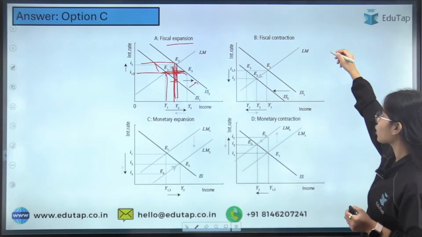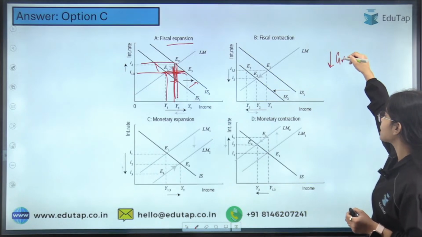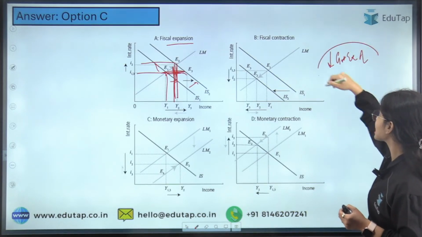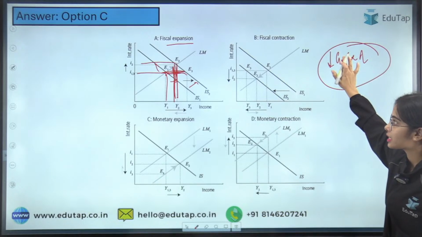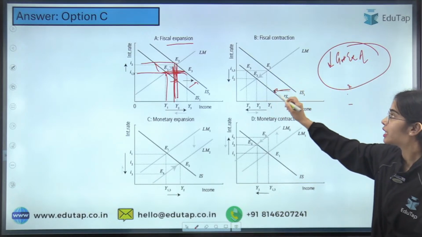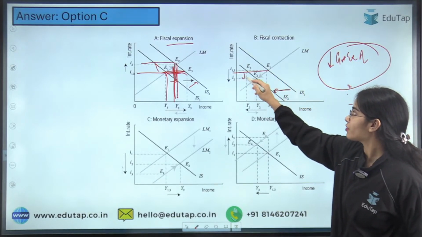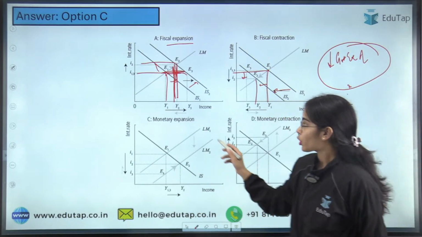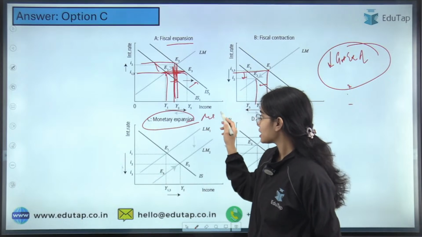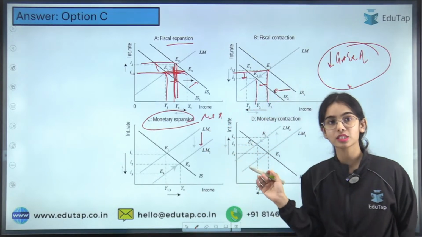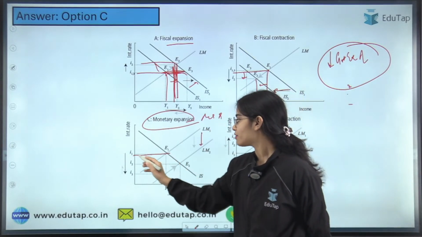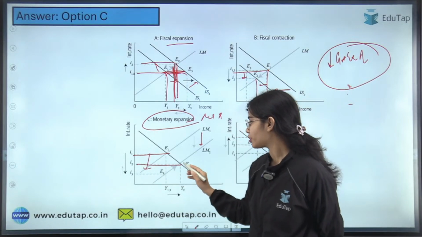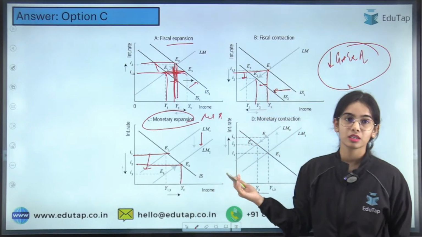If there is fiscal contraction, if government expenditure is decreasing, you can understand that the IS curve will shift leftward, and with that the interest rate will decrease and the level of income is also decreasing. Monetary expansion, money supply is increasing, the LM curve will shift rightwards. With the rightward shift in the LM curve, there will be a decrease in the rate of interest and an increase in the level of income.